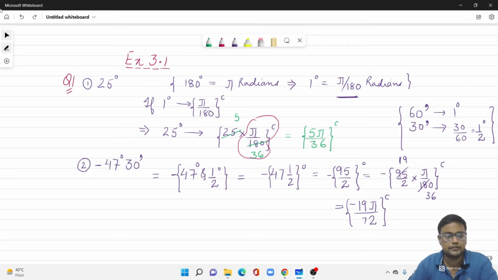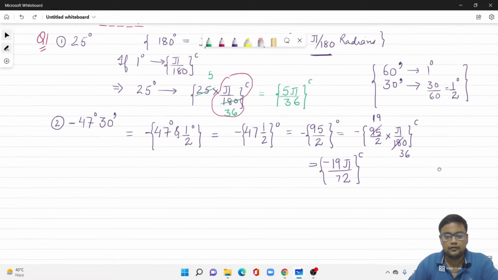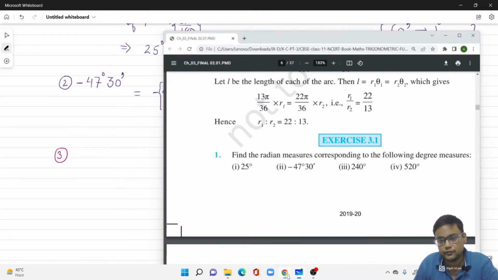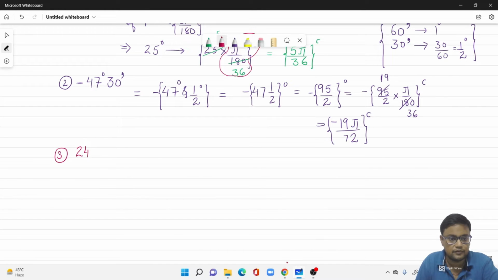So see the third part. The third part is 240 degrees. So simple. Let us quickly see.